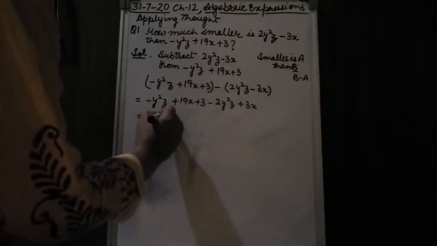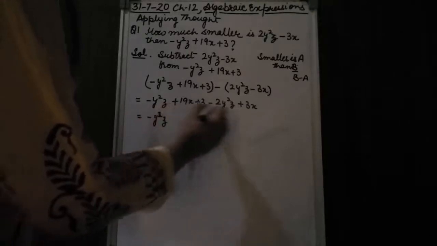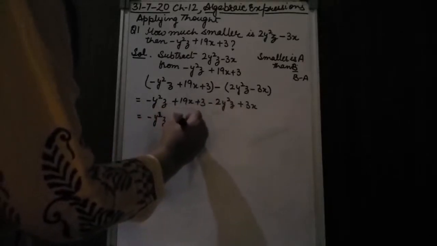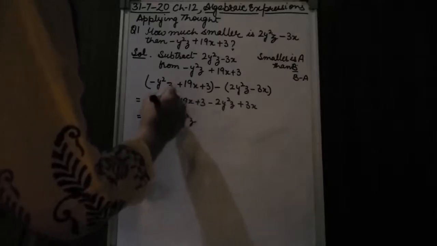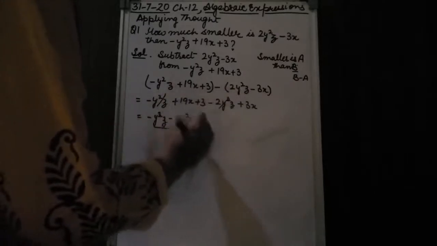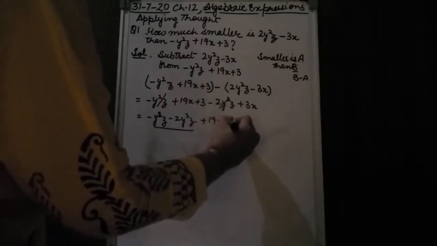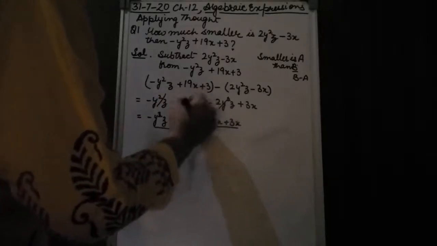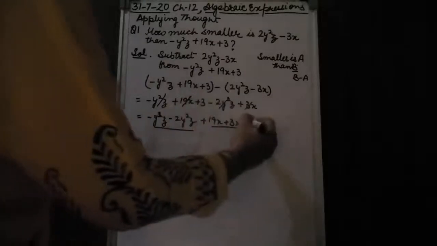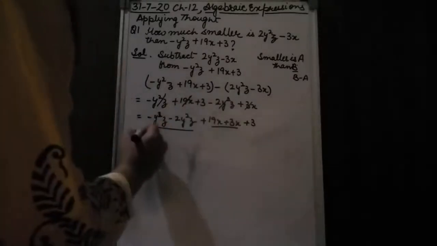Minus y square z and minus 2y square z, you have taken these two. Now plus 19x plus 3x, you have collected these two, and plus 3.